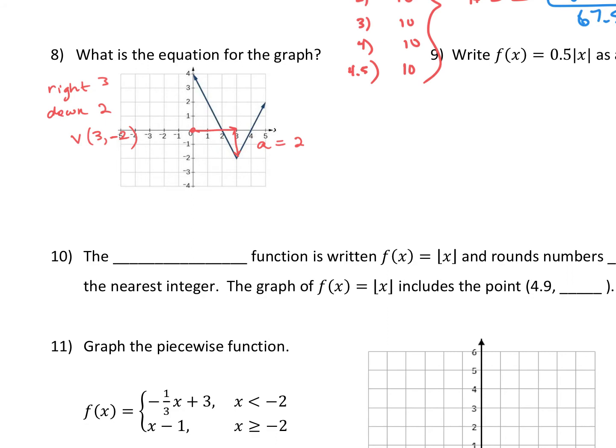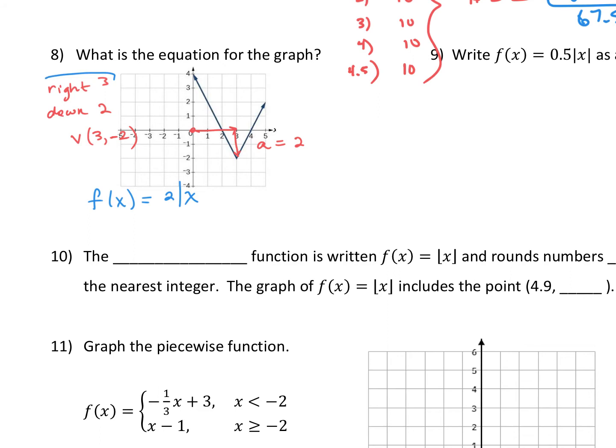All right, so our function, we can just use f of x equals, the structure of this, we always write the a value, which is 2, right in front of the absolute value bars. We're going to have an x first, and now is our horizontal movement.